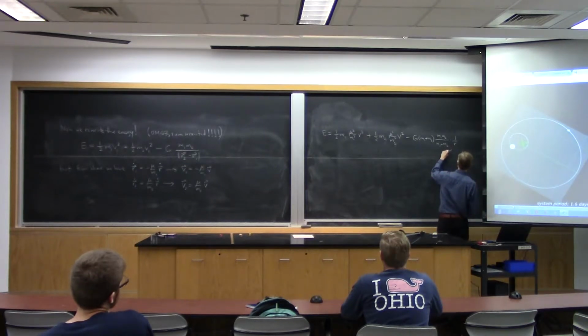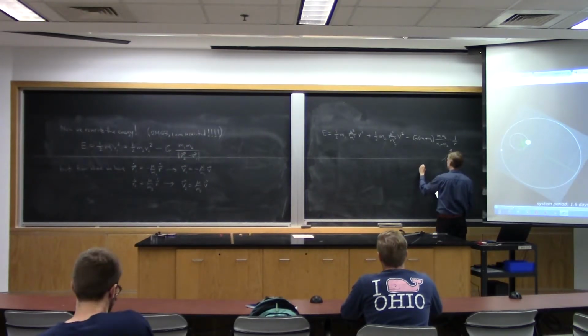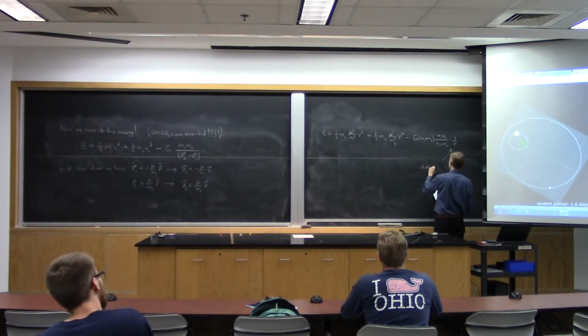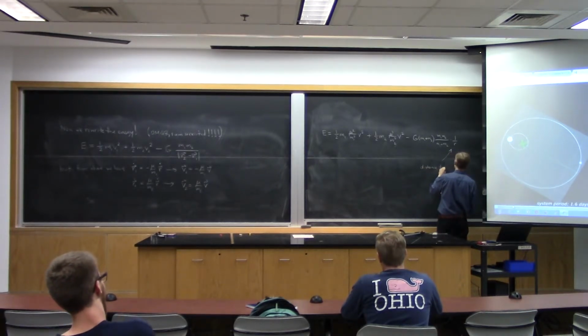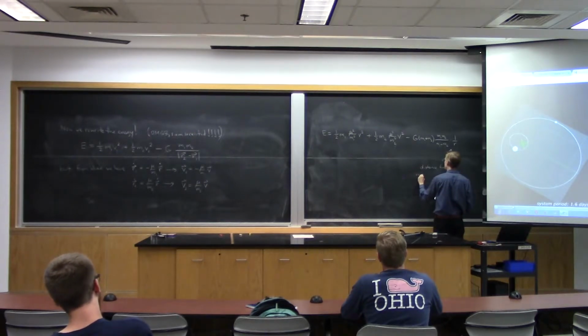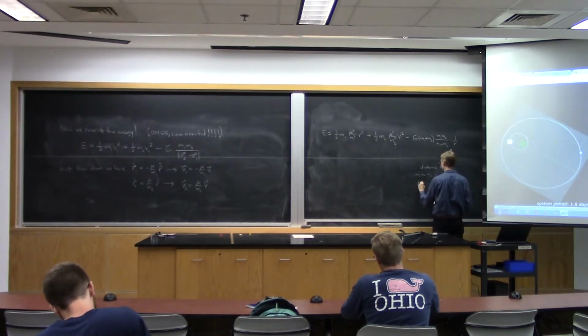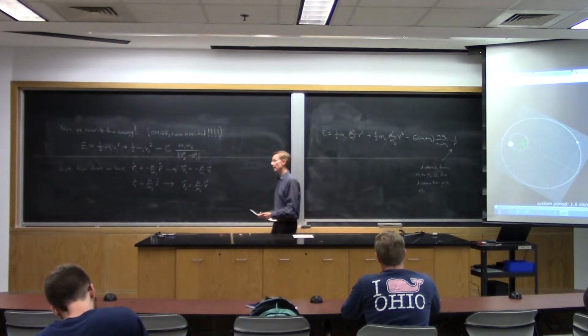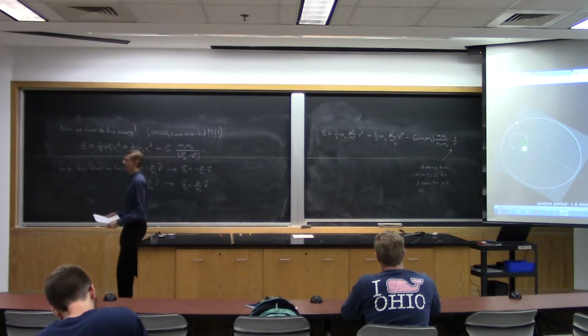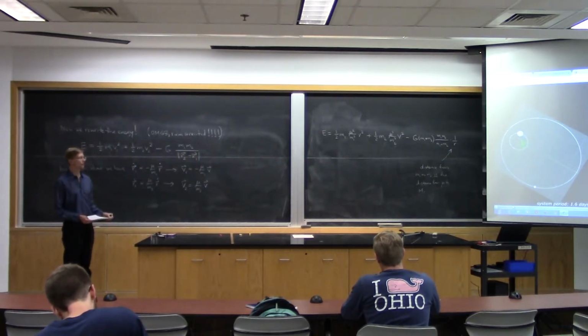And in fact, note that because of the way we've set up the equivalent one-body problem, the distance from M1 to M2 is the distance from mu to M. Because in the equivalent one-body problem, the distance from mu to M is the same as if you were riding along with mass 1 and seeing where mass 2 was at all times.